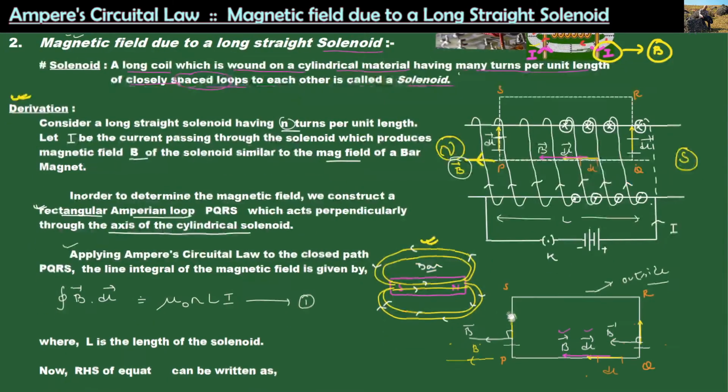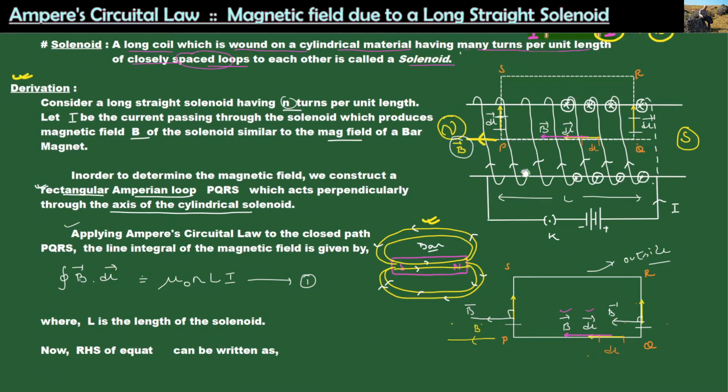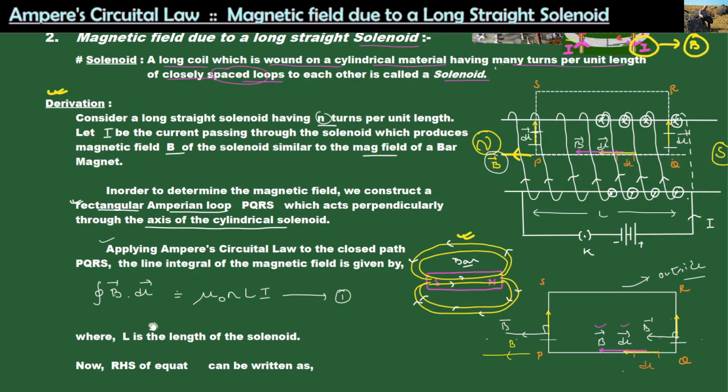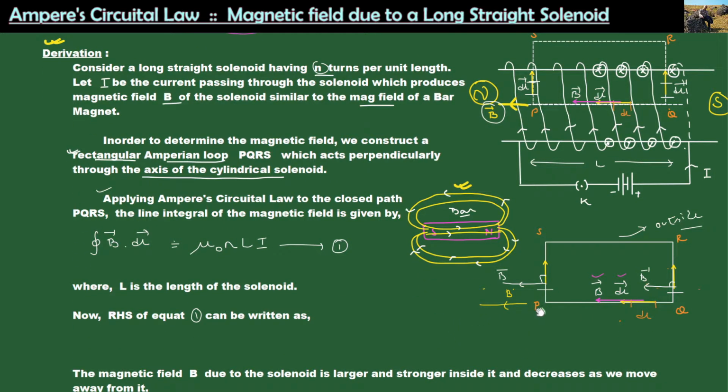So if you want to find the magnetic field due to that solenoid, you have to focus on this Amperean loop. Now the right hand side of equation 1 can be rewritten. You have to consider the contribution due to the arm PQ, the arm QR, the arm RS, and the arm PS.